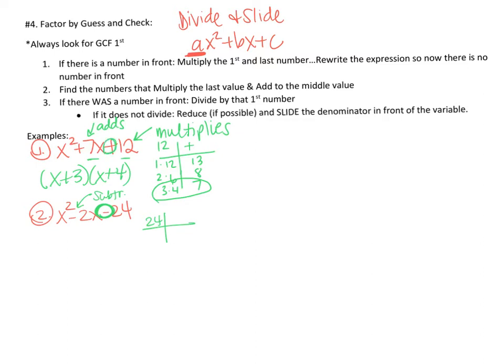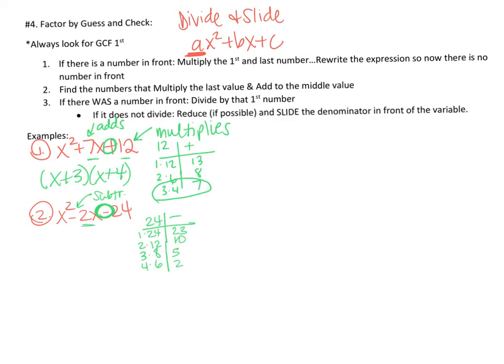So I want to multiply to 24: 1 and 24, 2 and 12, 3 and 8, 4 and 6. This time I'm going to subtract. 24 minus 1 is 23, 12 minus 2 is 10, 8 minus 3 is 5, 6 minus 4 is 2.